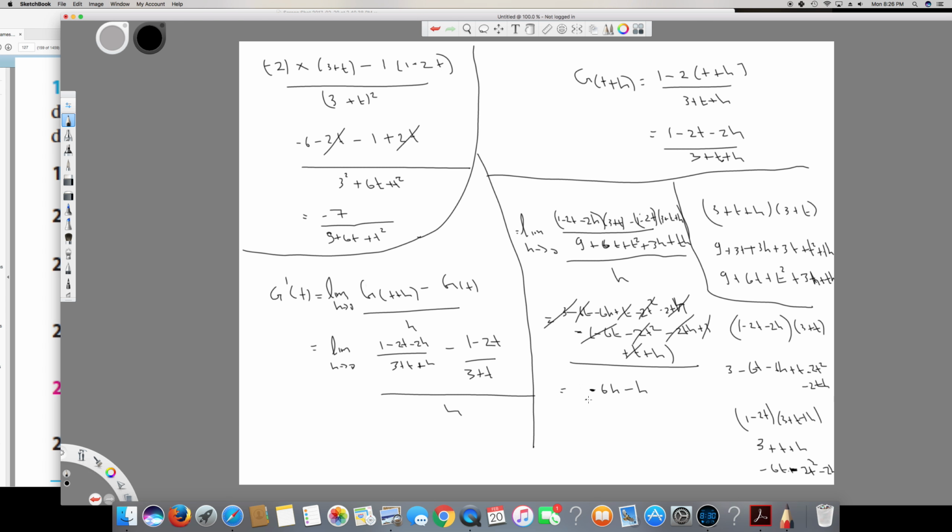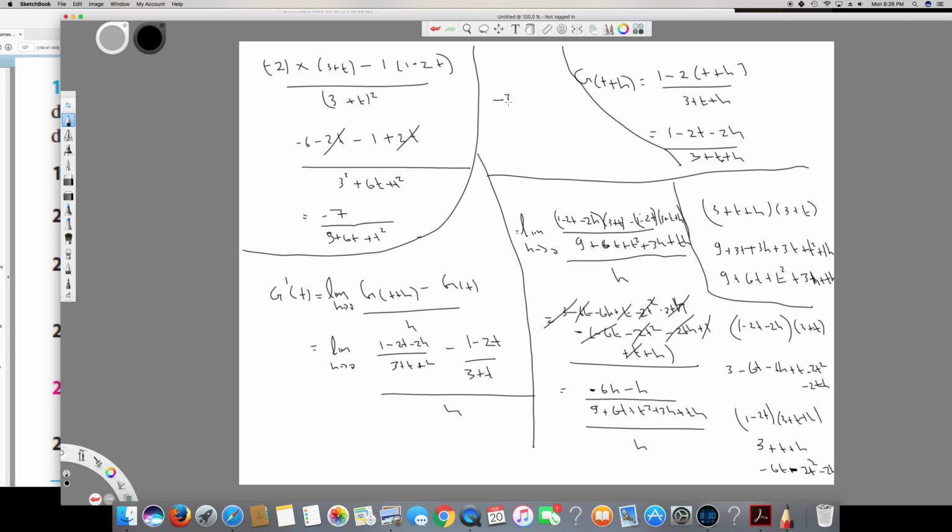Now the bottom is going to be the common denominator we found here. It's going to be 9 plus 6t plus t square plus 3h plus th. Let's do the math.